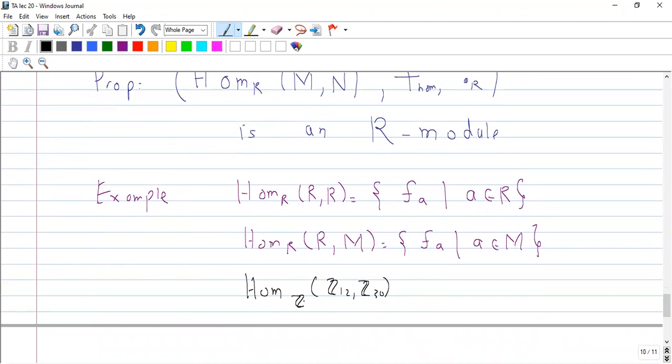And in this case, all group homomorphisms are Z module homomorphisms. तो हमने कितनी Z module homomorphisms निकाली थी, कितने ग्रुप homomorphisms निकाले थे Z12 से Z30 के दरमियान? ये मैंने आपको एग्जांपल कराया, 6 निकाले थे. So actually we computed 6. So all group homomorphisms are Z module homomorphisms.